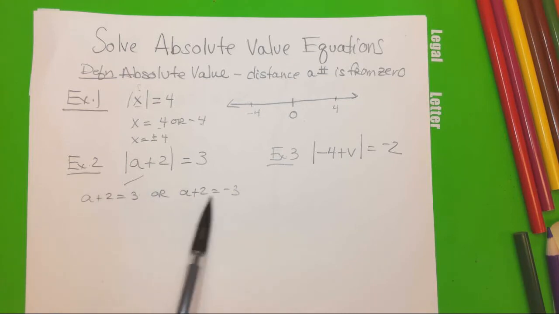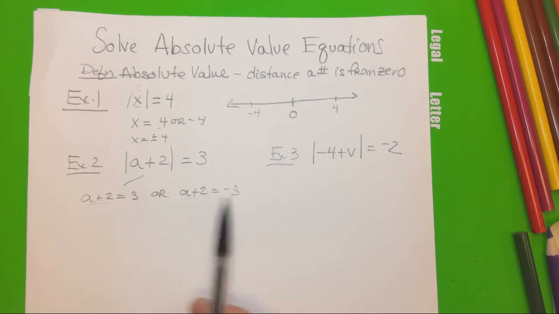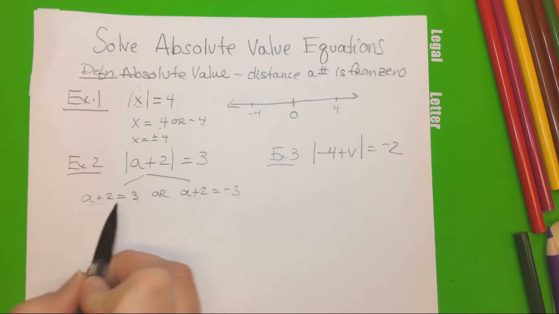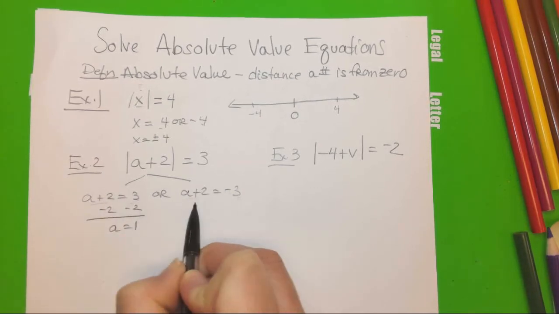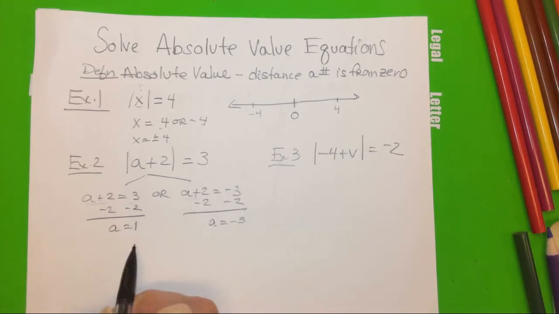Sometimes you'll see where they give that opposite sign to the stuff inside. With this particular example, I think it's probably easier to just do positive and negative answer. So we're going to split that into 2. Go ahead and solve. So a could be 1, or a could be -5.